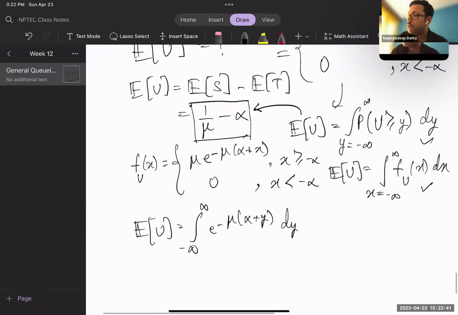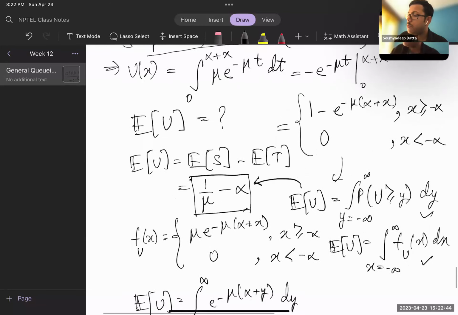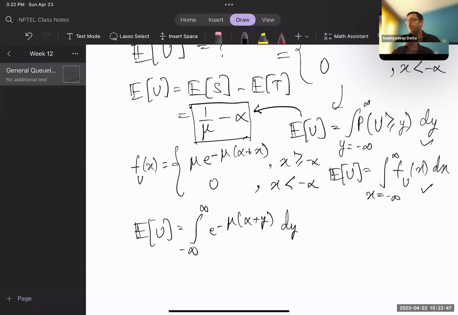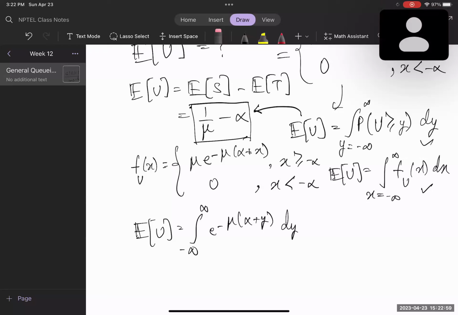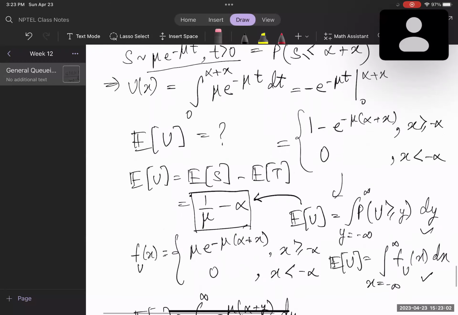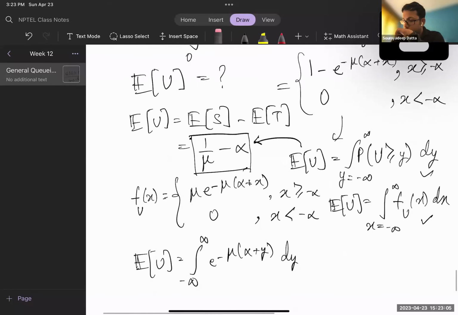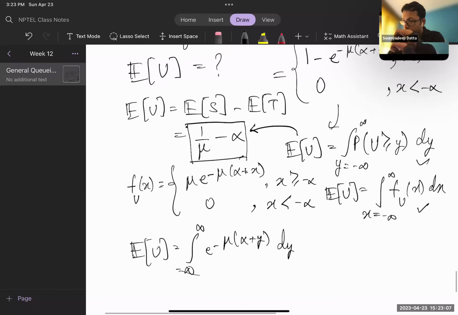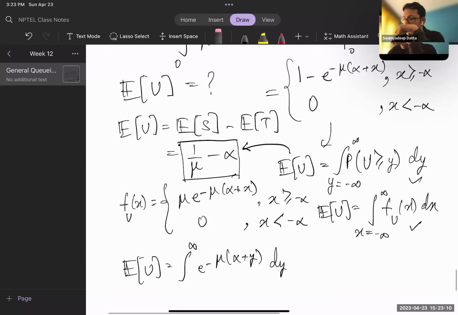Because the smallest value that you can take is clearly minus alpha. So I think this is fine. We can change the lower limit to minus alpha. Let me think about it actually. Probability that u greater or equal to y is 1 minus probability u lesser or equal to y, and for u being lesser or equal to y, this will change to minus alpha.